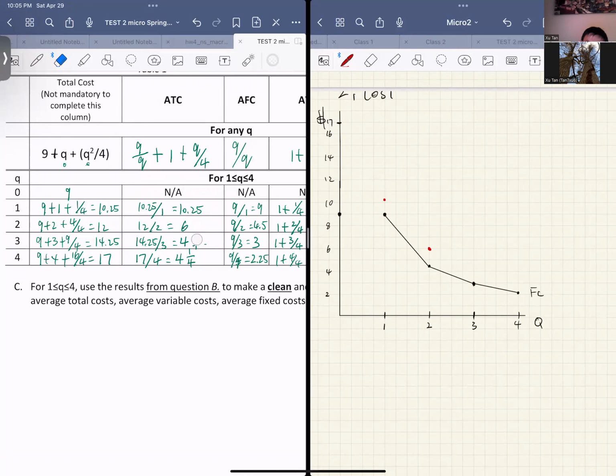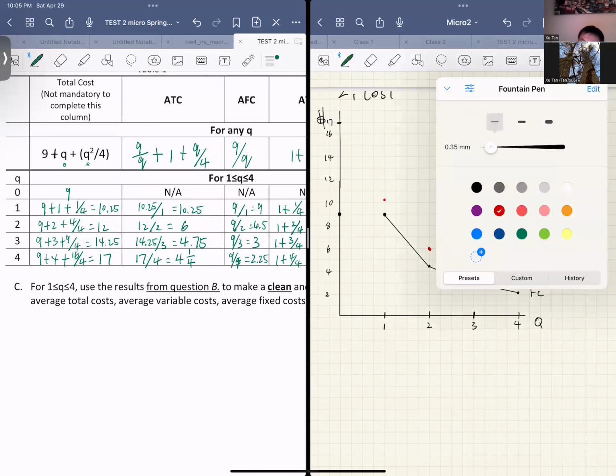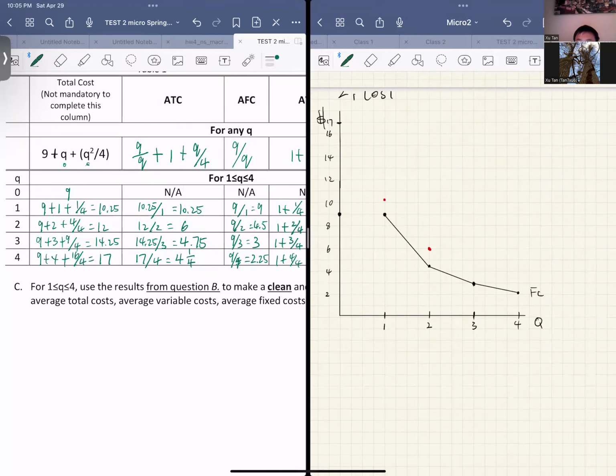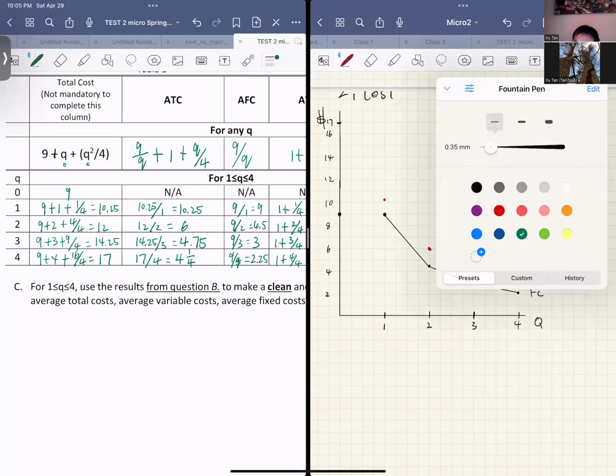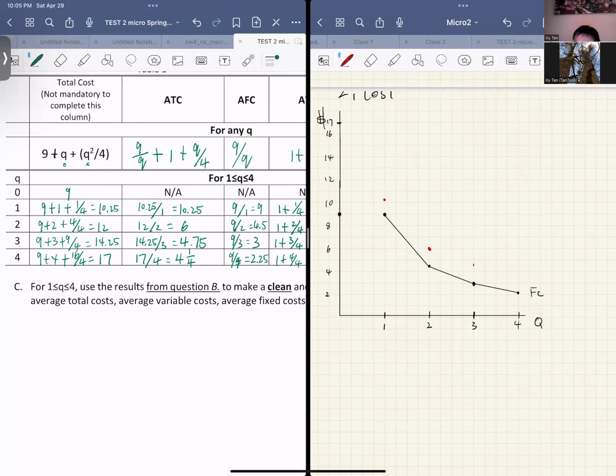It should be divided by 3, right? That's 9 divided by 3, not 4. My bad. We can check with the calculator. 14.25 divided by 3. Yep, 4.75. So we'll have 4.75 for the third unit. And then the fourth, that's the line.